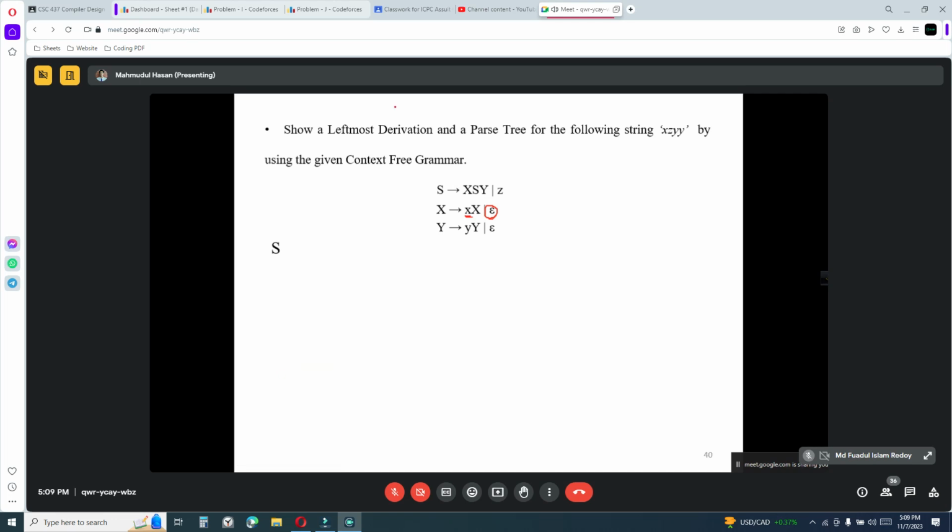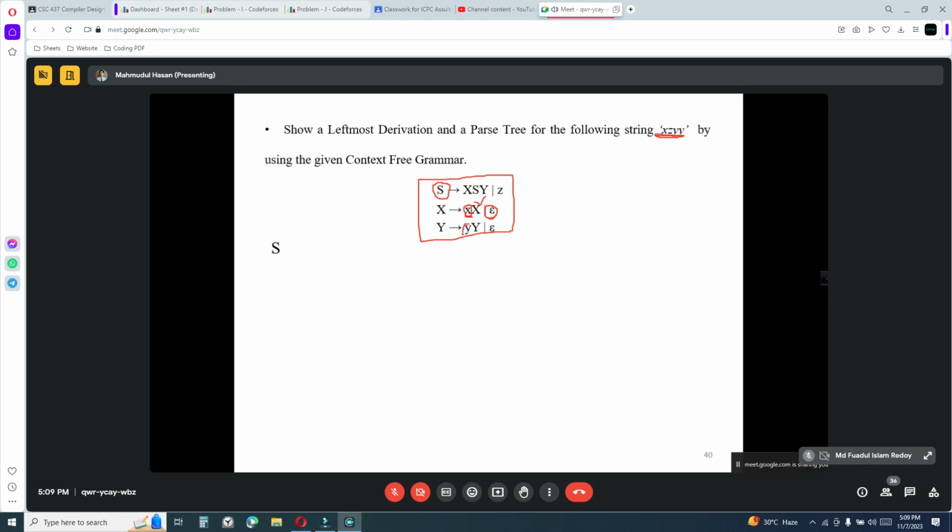So this is your production rule, or your context-free grammar, and each line is a production rule. Here you can go from S to x S y, or z. S is non-terminal. Lowercase x is terminal and uppercase X is non-terminal.